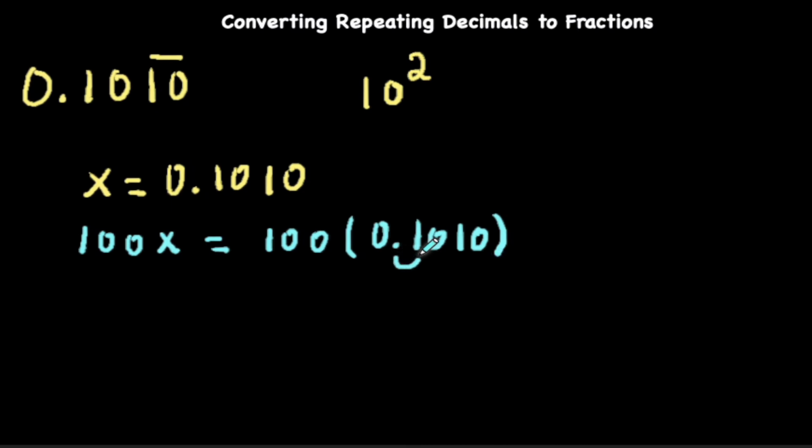That's 1, 2, so we have a decimal point right here. Since we've moved our decimal point, we can ignore everything over here. Now we have 100x equals 10.10 repeating.